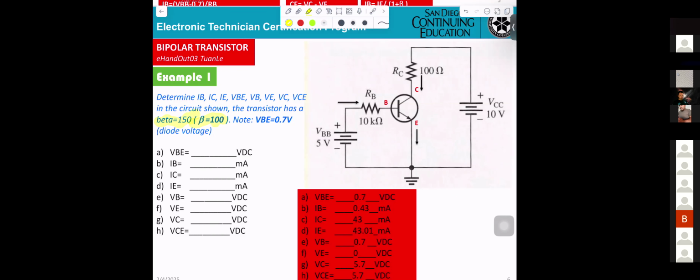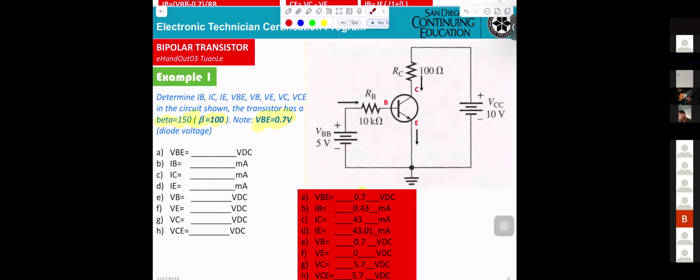You cannot make it up. Also they gave you VBE 0.7 volt, that is for a silicon diode. So quickly we can see they want VBE. You know VBE is just the voltage across the diode, which will be 0.7 volt.